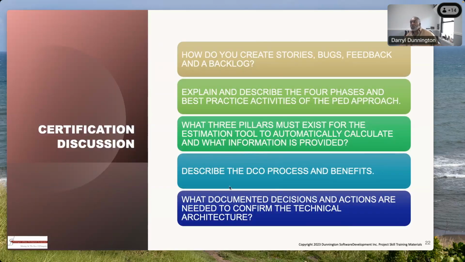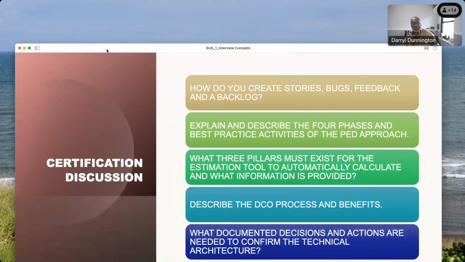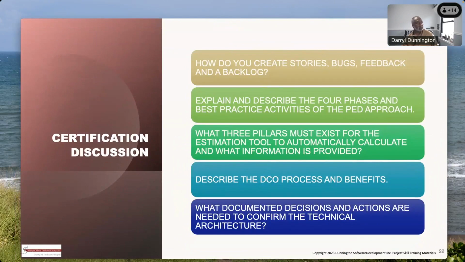All right, so what documented decisions and actions are needed to confirm the technical architecture? Now, before I ask you that, though, someone tell me, how do I get to all the documentation? Or how do I get to documented sources? Someone guide me through that in the application.